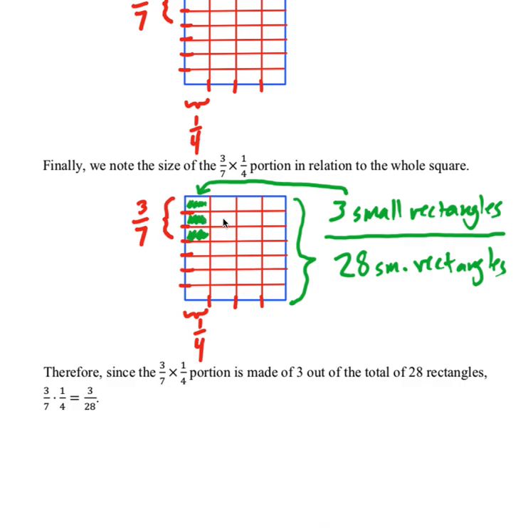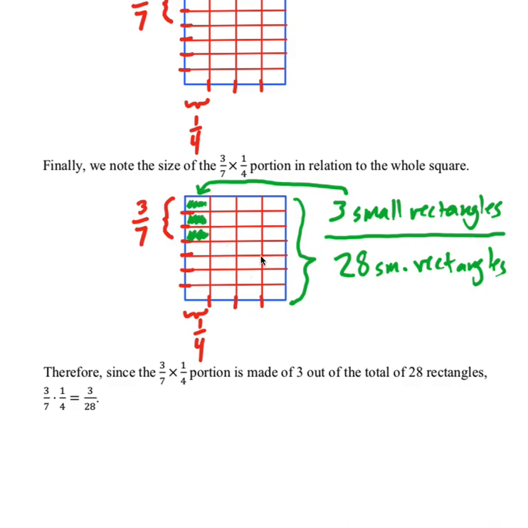Similarly, although it was very easy to count 1, 2, 3 that make up this smaller rectangle here, that actually comes from the fact that there were 3 along one dimension, 3 parts of the 7 parts, and 1 along the other dimension, 1 part of the 4 parts. So this also comes from a product 3 times 1.